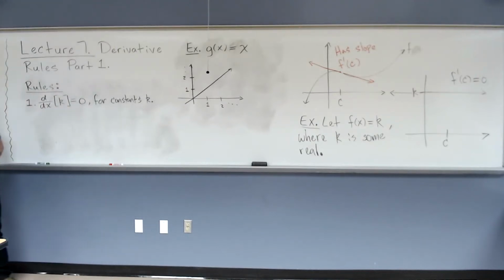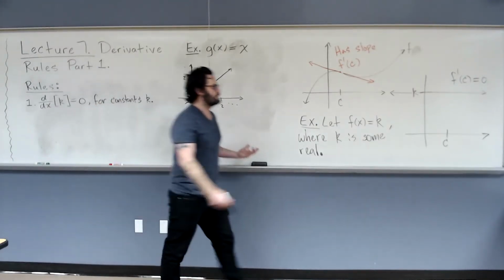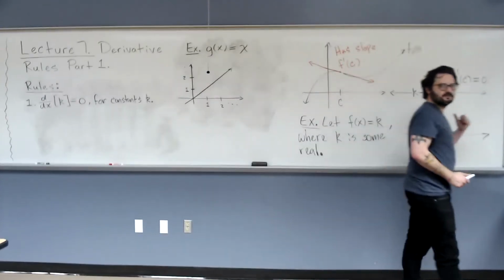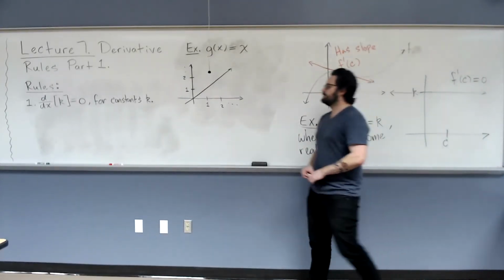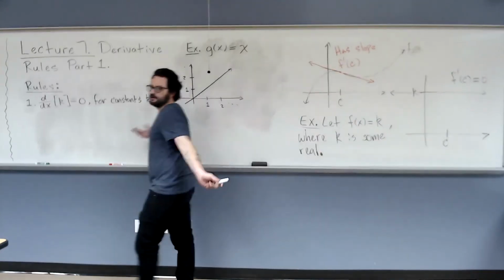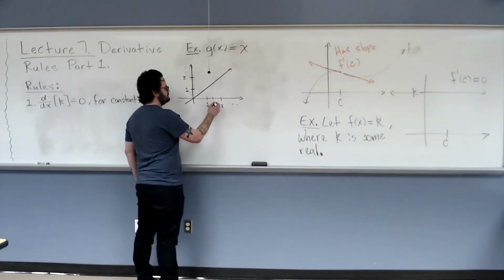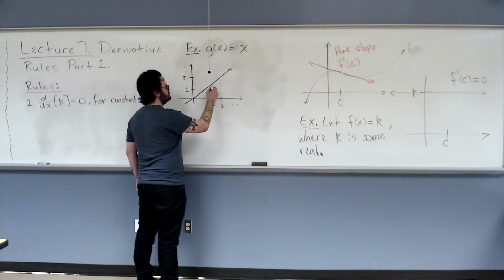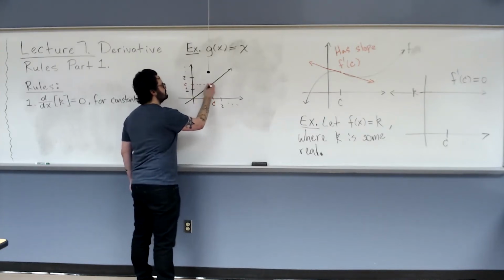Now, this guy here, we can probably also reason about just like we did with the constant function, right? So I pick any c I want, like right here. That's going to be c right there as well.